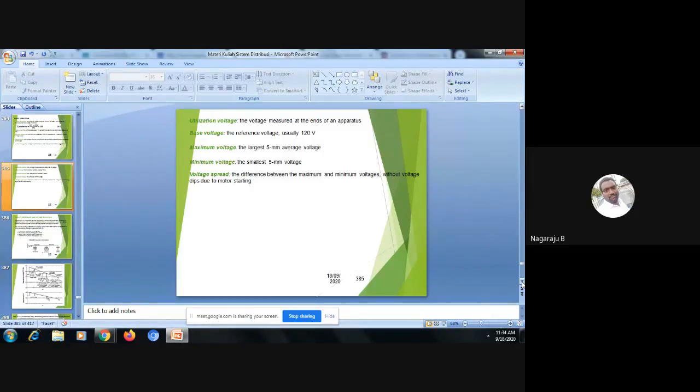Maximum voltage is the largest 5 minute average voltage at the peak, and minimum voltage is the smallest 5 minute average voltage you will have.